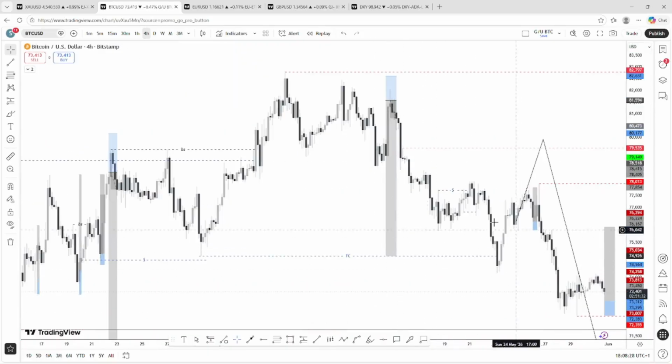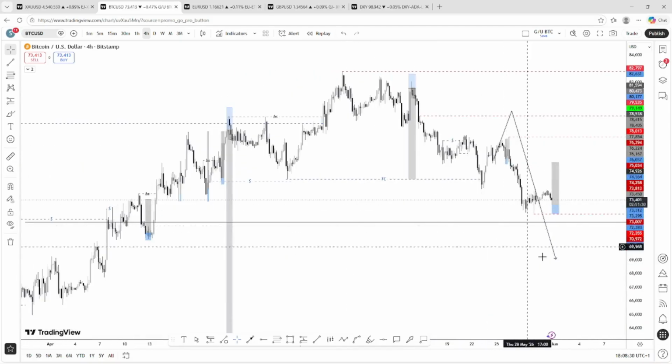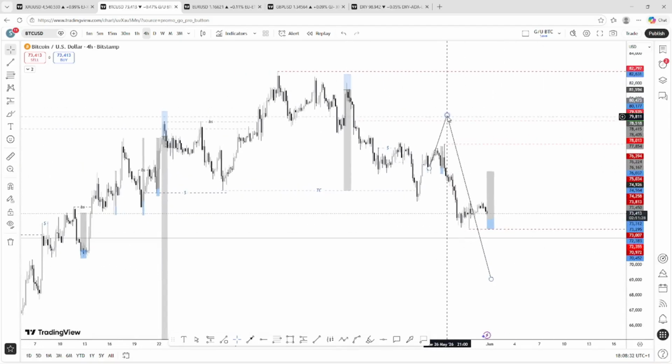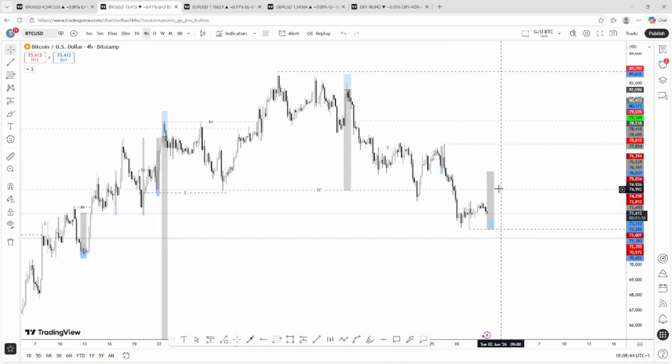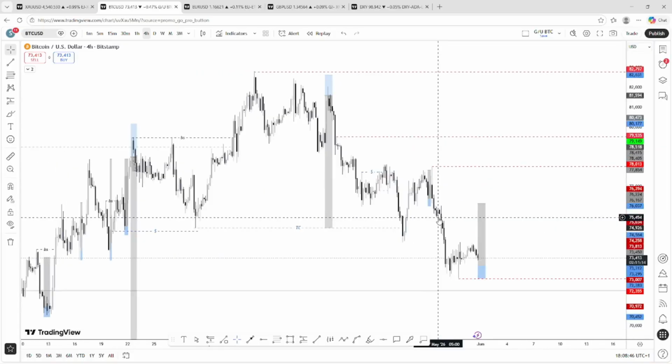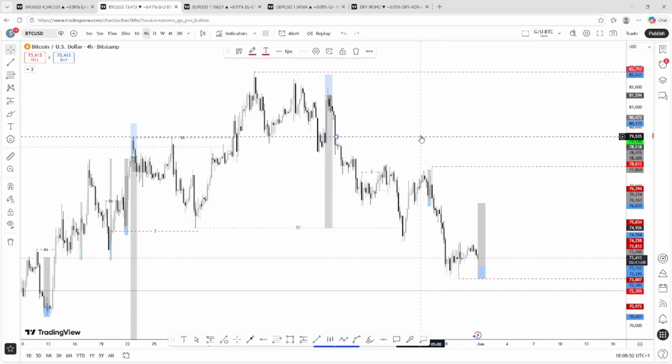On the 4-hour time frame, I've been calling for this retracement since last week, but clearly we can see that sellers are in control in this market, and so I don't think it's appropriate for us to be calling for this correction to these areas.